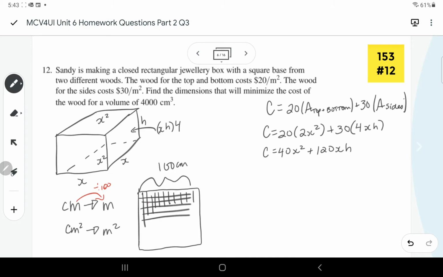Imagine a piece of paper that was a meter by a meter. That would be quite big. It's almost the size of a whiteboard. And 1 centimeter squared is a teeny tiny little piece.